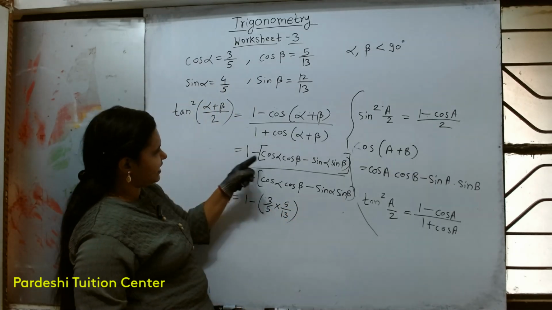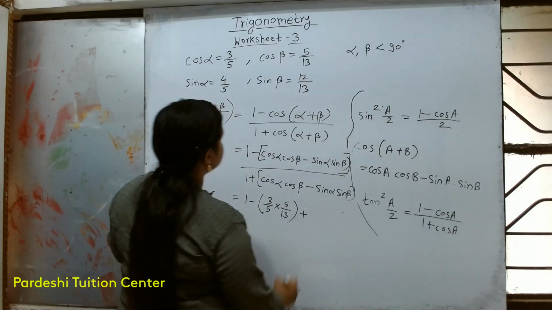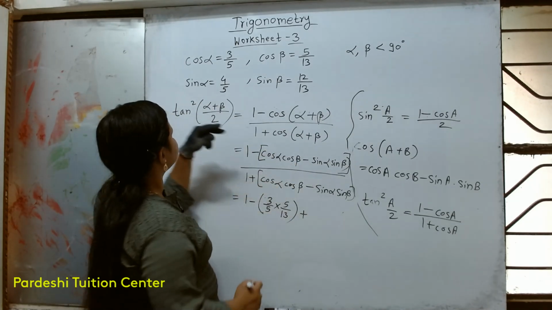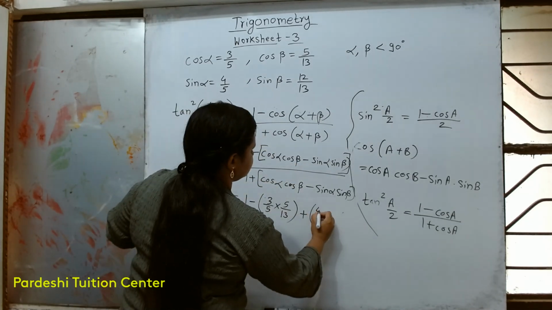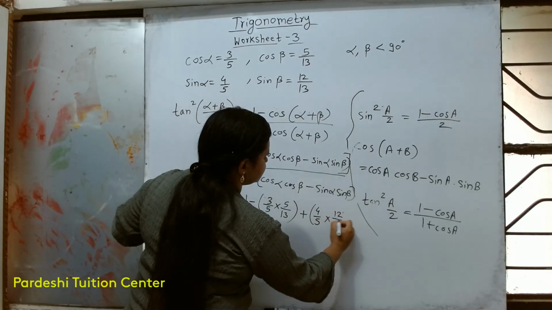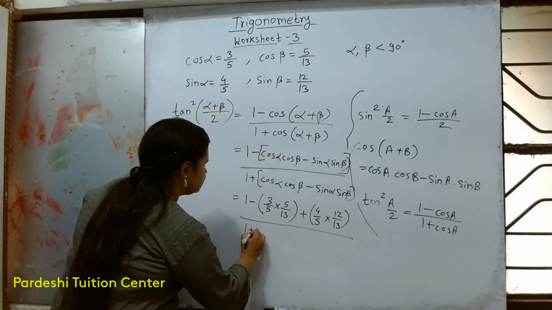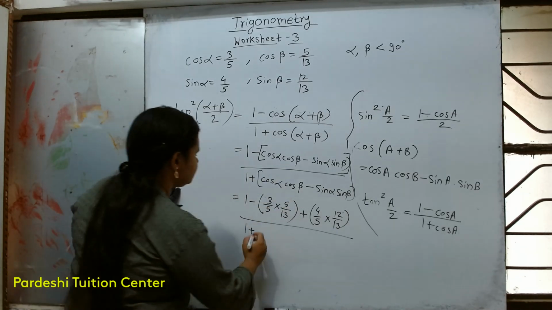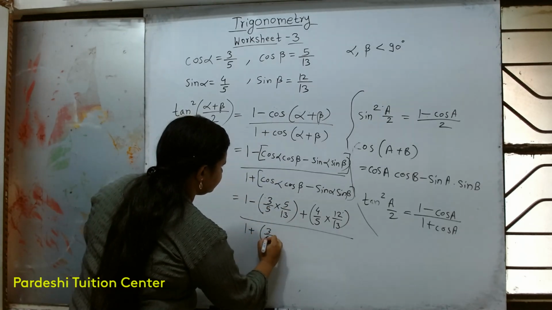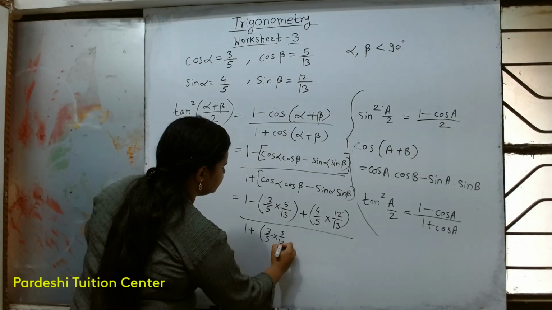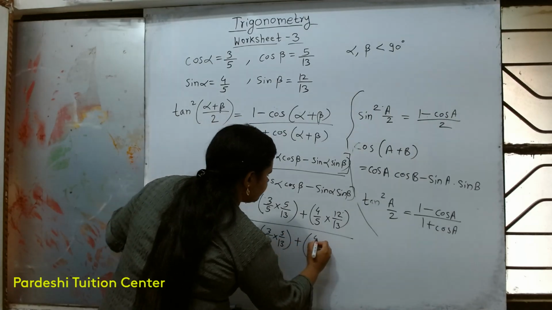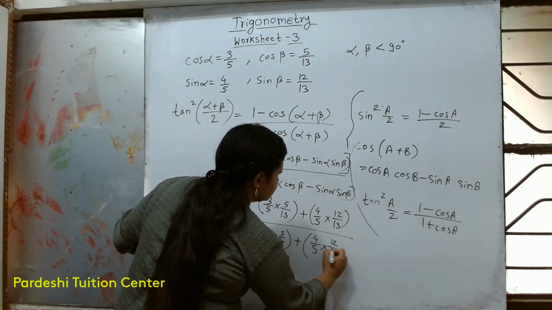Now minus minus will get plus, so it will be sin alpha sin beta, that is 4 by 5 into 12 by 13. Upon 1 plus cos alpha cos beta, 3 by 5 into 5 by 13, plus 4 by 5 into 12 by 13.